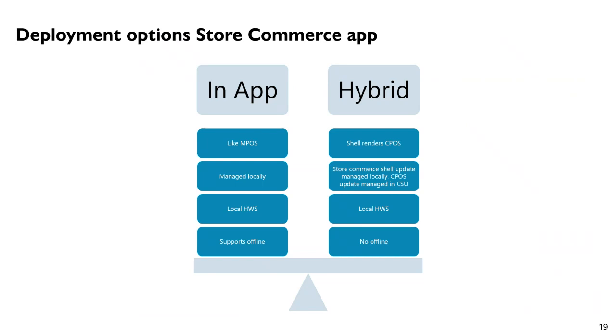Store Commerce automatically receives the update, and because these updates are centrally managed in the CSU, all the devices are updated accordingly. The Store Commerce application shell still must be updated separately by using the installer. Hybrid app also supports the local hardware station.